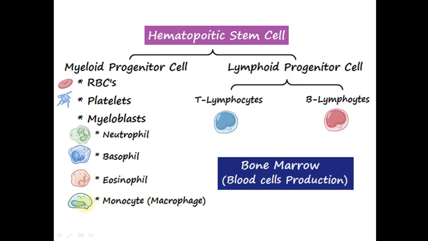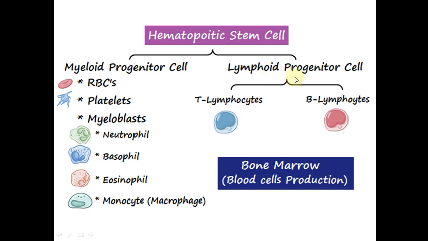The monocyte is a very important cell. Usually it circulates in the blood, but when it is transferred into the tissue, it becomes a powerful cell known as the macrophage. The macrophage has many functions, and a type of monocyte will differentiate into the osteoclasts, which are the cells that are involved in bone resorption.